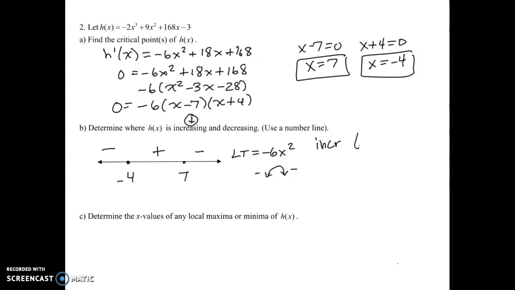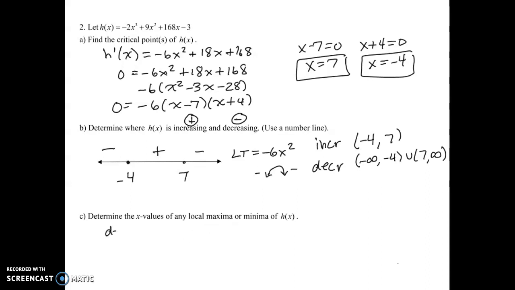So that's going to be from negative 4 to 7. And where it's decreasing is where it's negative on our graph. So that's negative infinity to negative 4, and then from 7 to infinity. Again, in interval notation we're using all open brackets because these are our critical points, where it's neither increasing nor decreasing, because that's where our local max and min are.